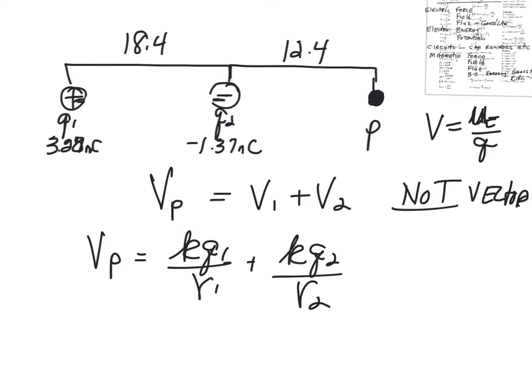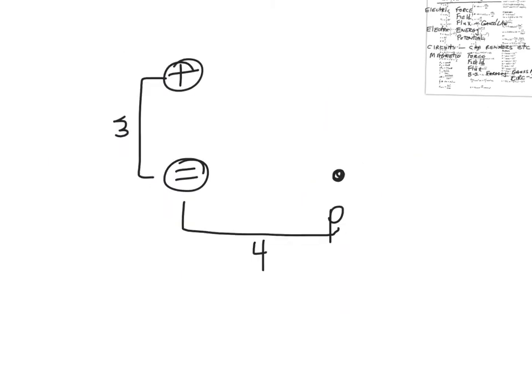Don't be surprised if you see a problem like this, or a little bit harder, such as a two-dimensional problem. Suppose we have two charges, a positive and a negative charge of a different value, twice as big or bigger, 3 centimeters apart along the y-axis. 4 centimeters away along the x-axis is a point.